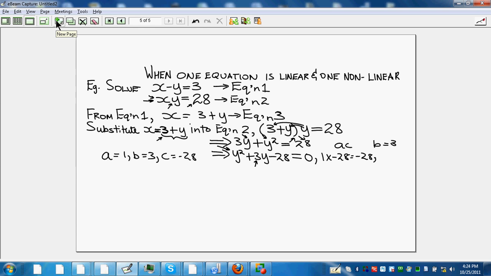And those numbers you would probably see very quickly would be minus 4 and 7. Because minus 4 by 7 will give me minus 28, and minus 4 plus 7 will give me 3. So therefore, I would have found the required factors.